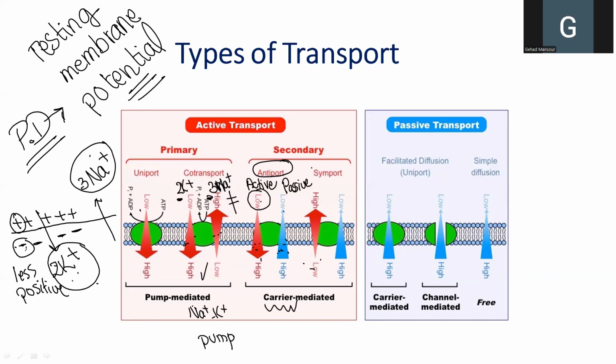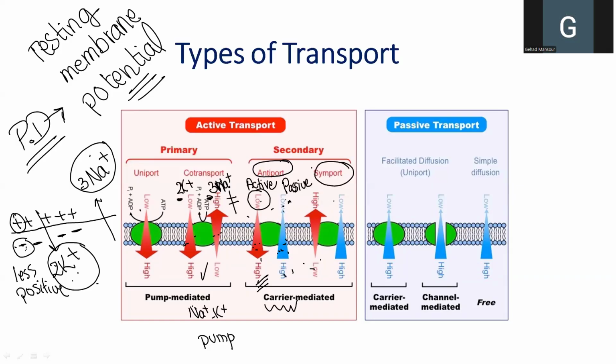And we will see how a substance is pumped into the cell actively in order for another substance to pass passively from the inside to the outside. We will see details of this later on.